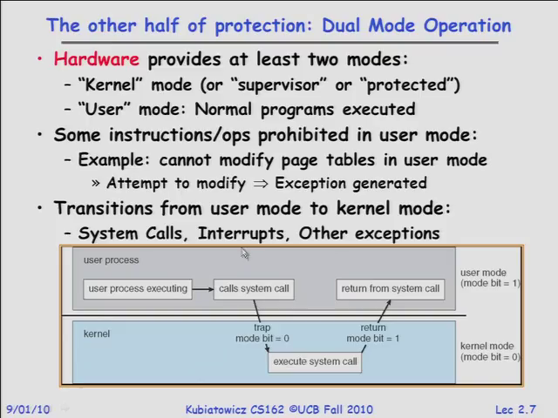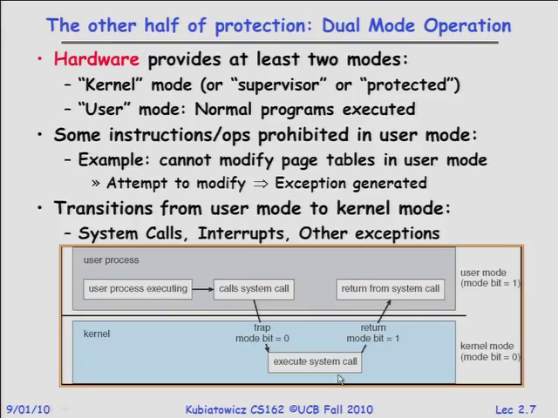That trap turns on kernel mode, and it starts executing at a very well-defined place in the kernel. You can't just turn on kernel mode, because then that defeats the purpose again, right? Programs run along, turn on kernel mode, screw everything up. Instead, the system call traps into the kernel, turns on kernel mode, and goes to a specific spot, and now we have good code.